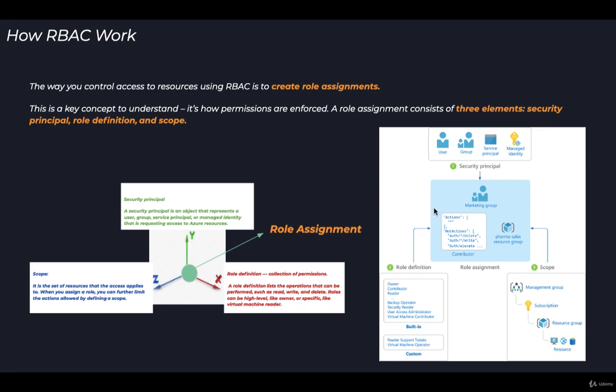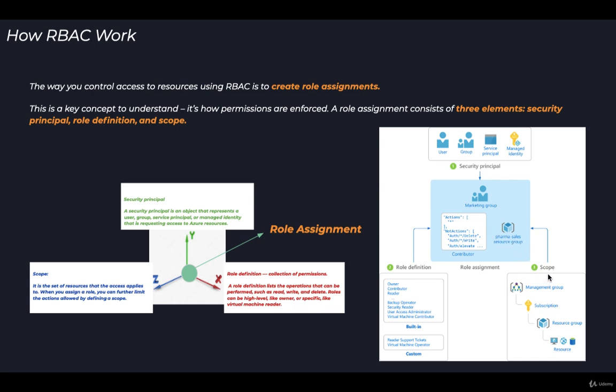The third thing we need in case of RBAC is the scope, meaning what kind of access is provided, or all the resources that particular security principle can access. What all resources can this marketing group access? The scope is the pharma sales resource group.